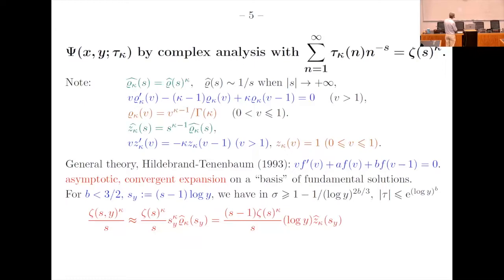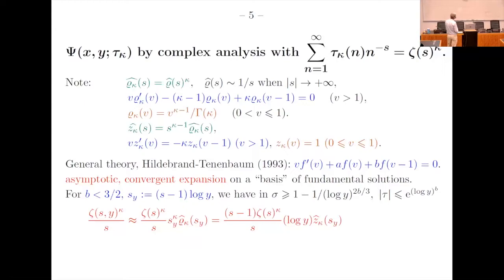This is the power of two terms, and I will write s minus 1 at zeta of s power kappa over s times log y times the Laplace transform of a function z index kappa in s index y.